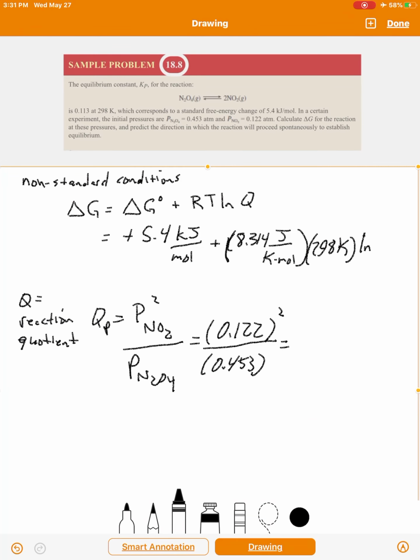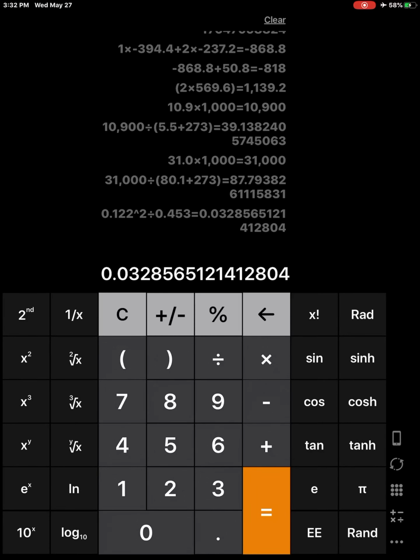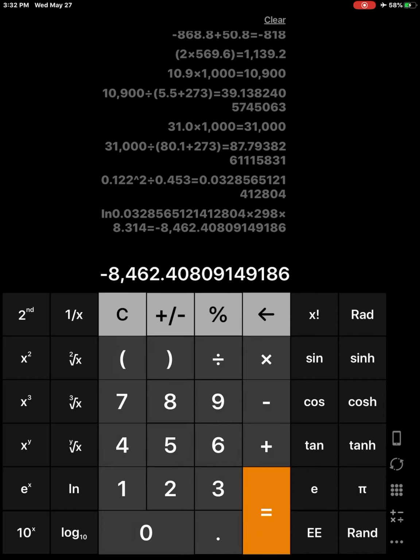So this would be the natural log of 0.0329. What I'm going to do is figure out this second term. Let's go backwards. Let's take the natural log of that, multiply that by the 298, and then multiply that by the 8.314. And you get negative 8462.